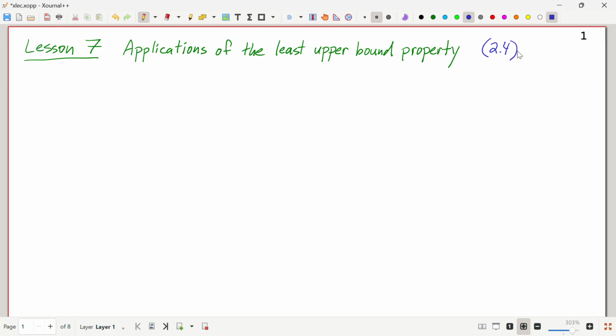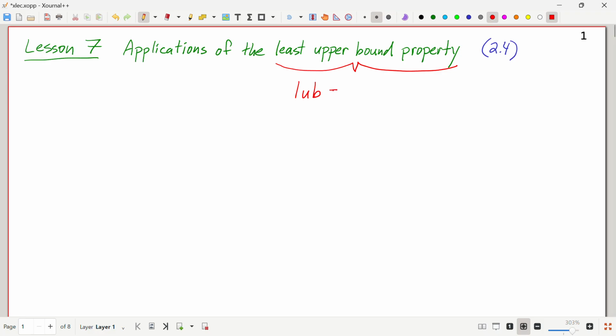So today I'm going to do some famous things about applications of this least upper bound property that I discussed last time, sort of the critical property of calculus and why everything works. There's multiple words for this least upper bound property. The least upper bound, I wrote LUB.